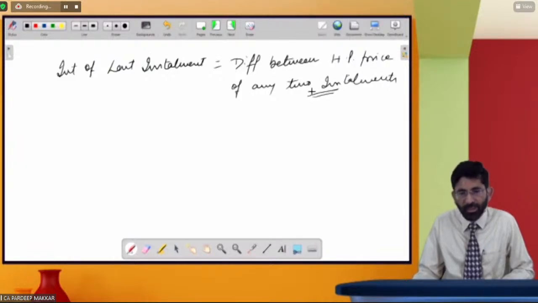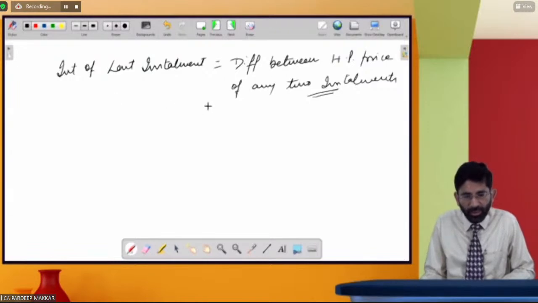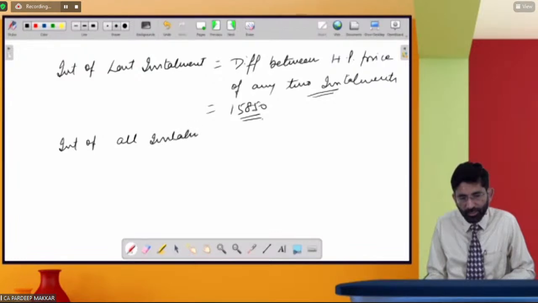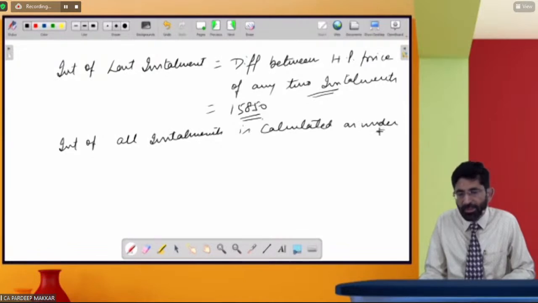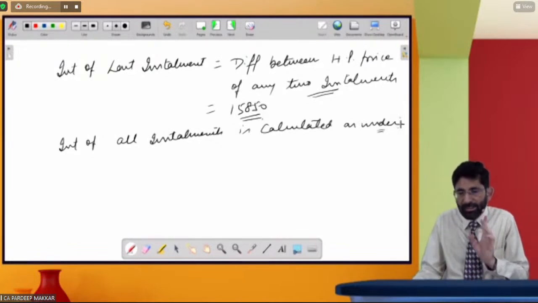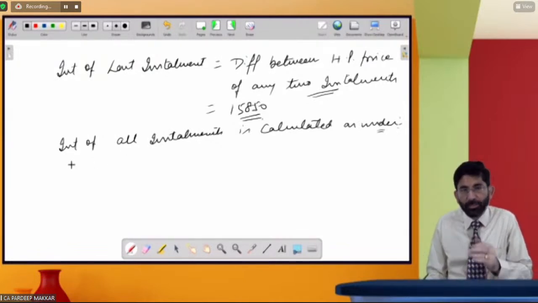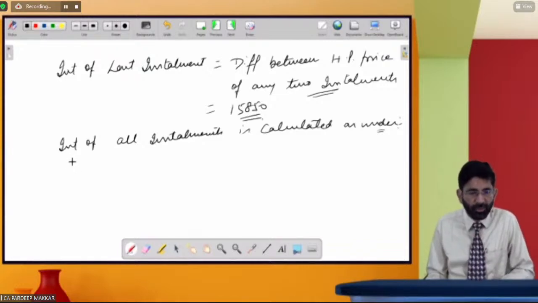Is that clear, beta? So it is equal to 15,850 that we have done. Then the interest of all installments is calculated as under. When cash price is uniform, only in that case this method is used. Cash price is uniform in each and every installment, he says.